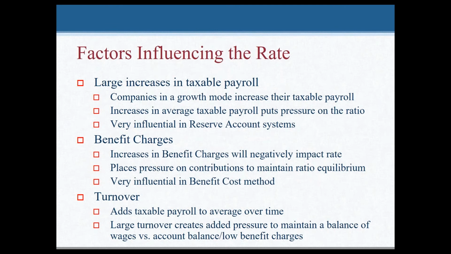So you saw an artificial increase in your tax rate until all that equalized out. That's a good example of what happens when you increase taxable payroll. It could result in an unemployment tax rate increase through no fault of your own. It's just the way the math is playing out against you.